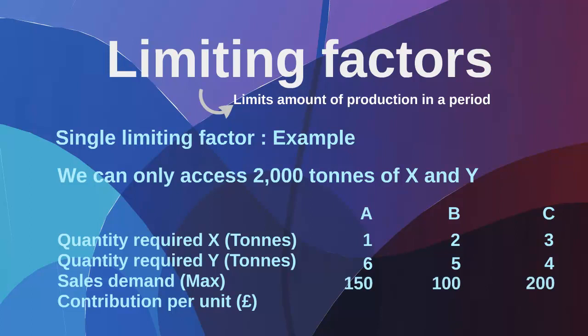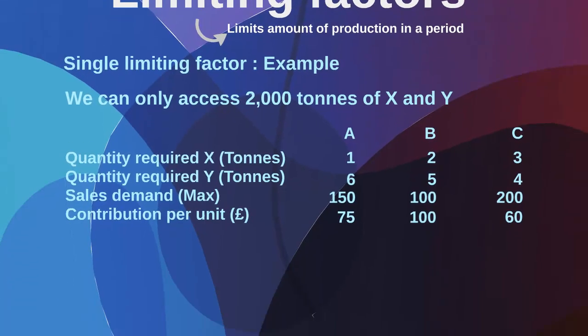We know that as an absolute maximum we can sell 150 units of A in this period, 100 units of B and 200 units of C. And the contribution per unit, so how much it goes towards paying off our fixed costs, so in a sense how easily or how quickly it helps us make a profit, is £75 per unit for A, £100 for B and £60 for C.